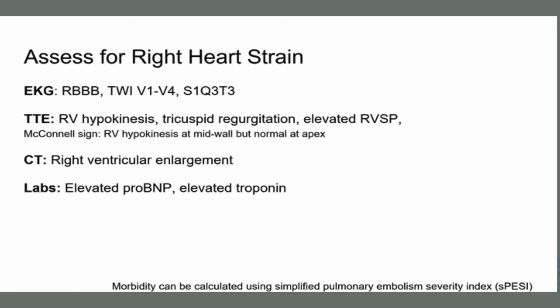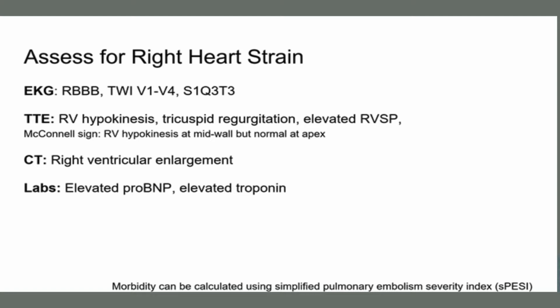When assessing for right heart strain, we talked about on the EKG, looking for right bundle branch block, T-wave inversions, and S1, Q3, T3. There's other ways to look for right heart strain, and that's on an echo. You can see right ventricular hypokinesis. Sometimes you'll get some tricuspid regurgitation or elevated right ventricular systolic pressure. You can also look for what's called a McConnell sign. This is hypokinesis at the right ventricle wall, but normal at the apex.